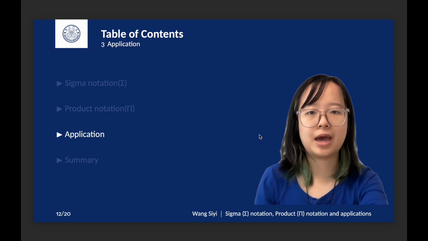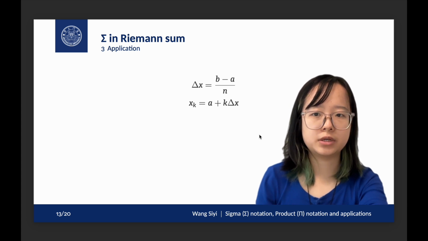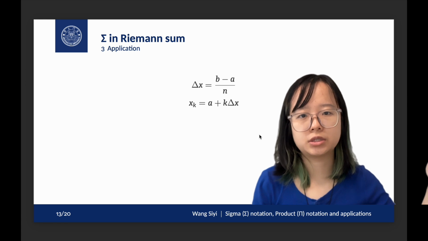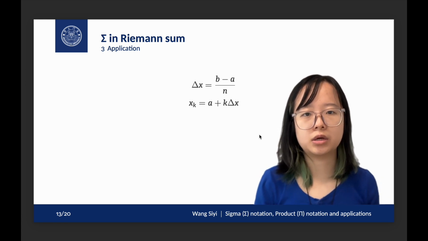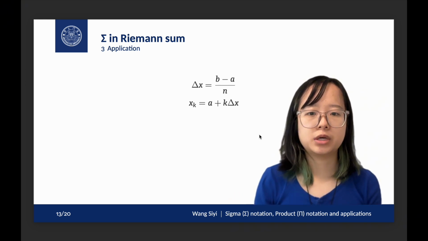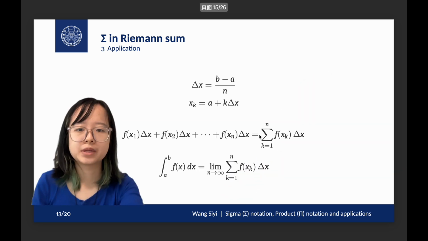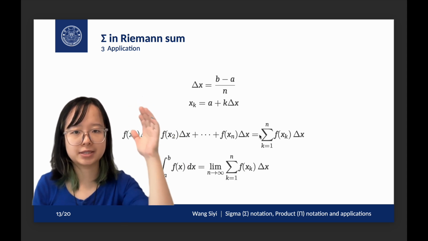And now let's come to the application part. First, the sigma notation used in Riemann sums. In calculus, we know that the area below a graph can be approximated as the sum of many different rectangles, each with width delta x and height f(x_k).